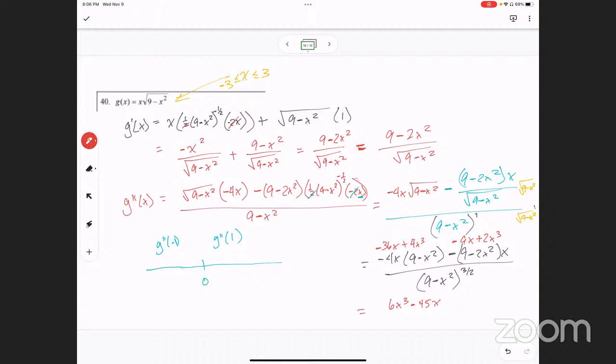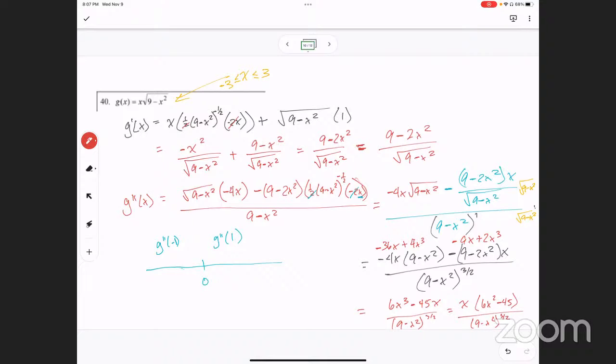This does not seem right. All over 9 minus x squared to the 3/2. Okay, this seems way wrong, but actually I do think it's right, because that means this factors, I can factor an x out, and I'll be left with x squared minus 45. And then on the bottom I have 9 minus x squared to the 3/2.